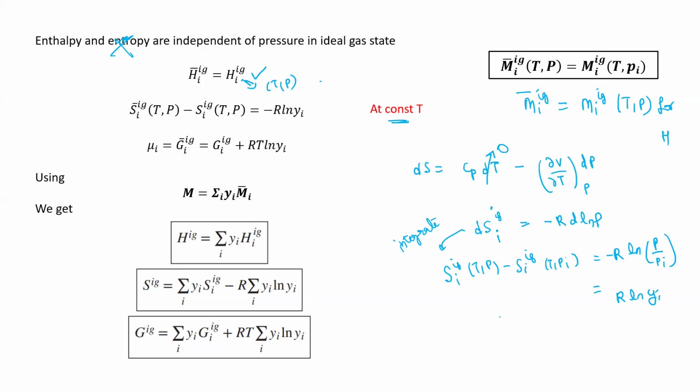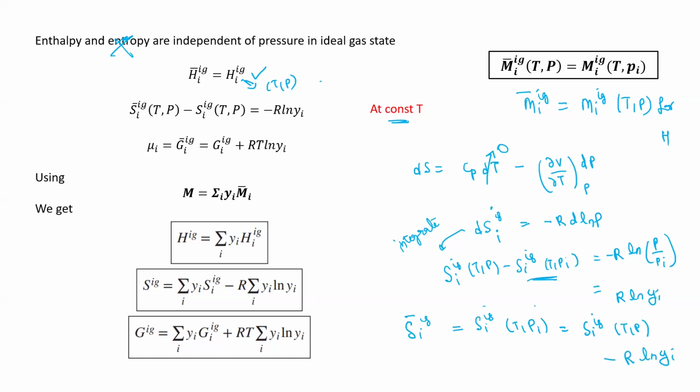So I have S_i^ig bar equals S_i^ig at T comma P_i. So here what is P_i? So this is equal to S_i^ig at T comma P minus R ln y_i.